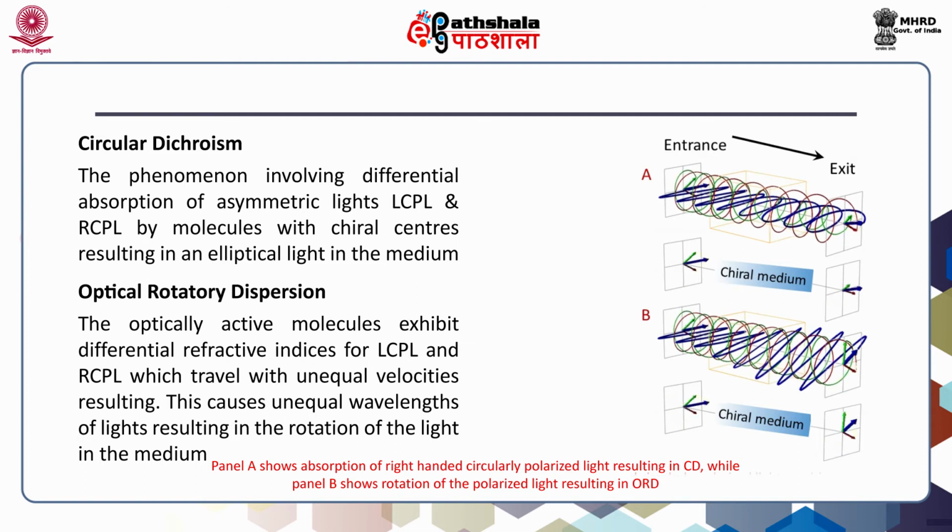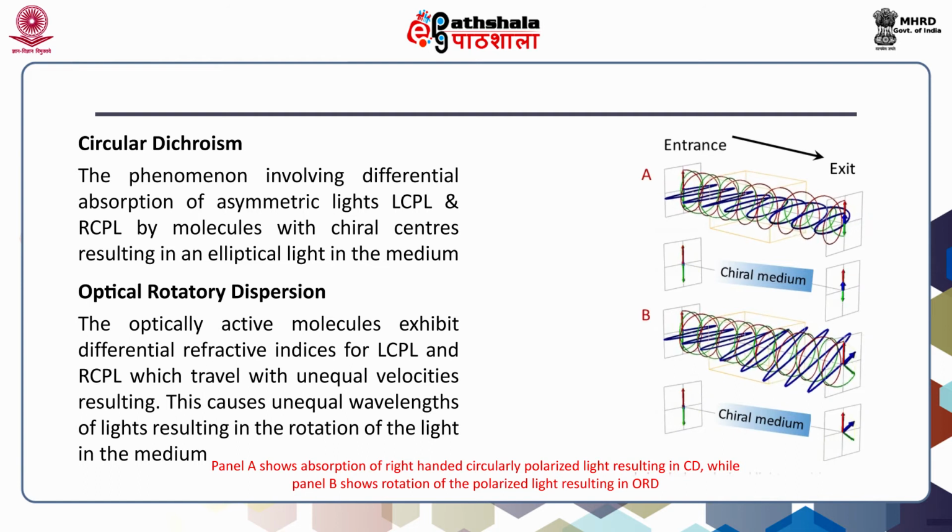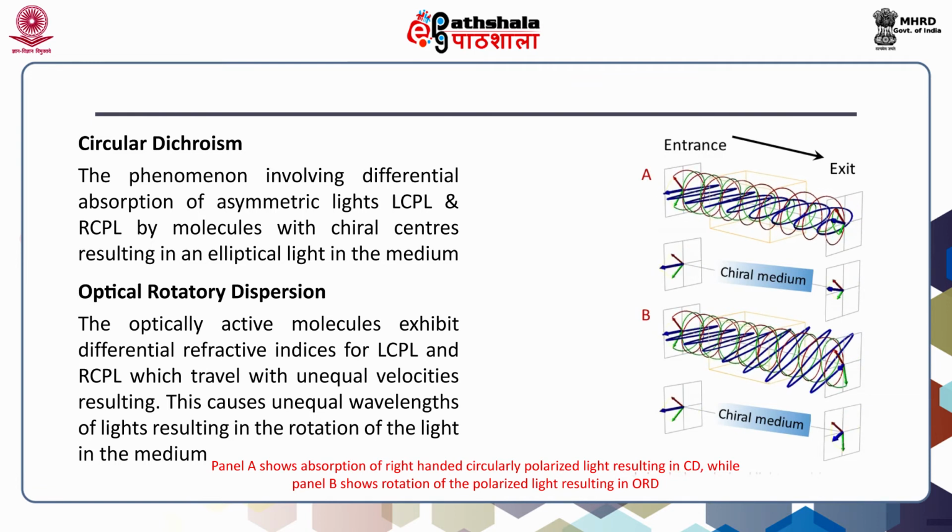The last panel in this slide is just the same as shown in the upper panel in B. In between is the chiral medium, or optically active medium. If you see only the left and right windows, you will see the two vectors responsible for the electric vectors of circularly polarized light, left-handed or right-handed.